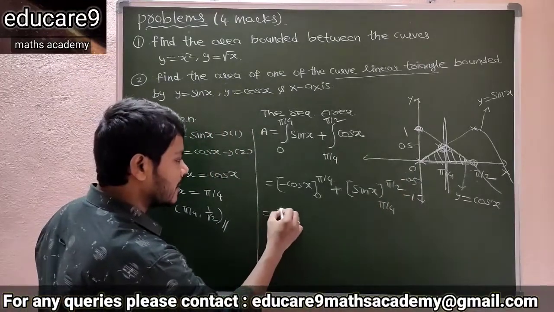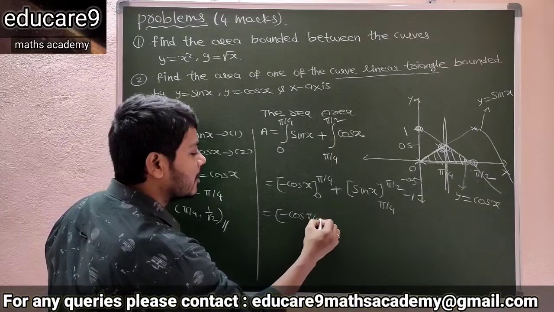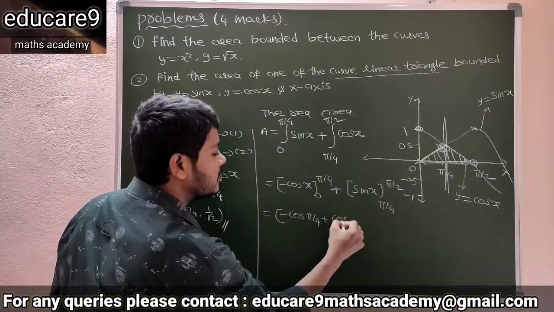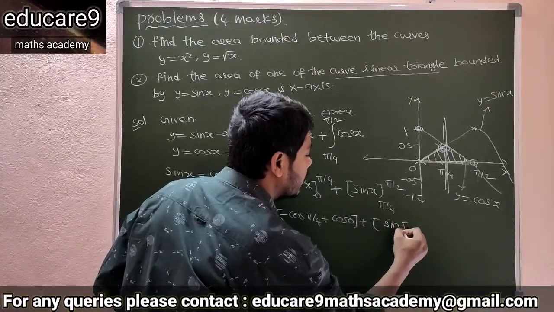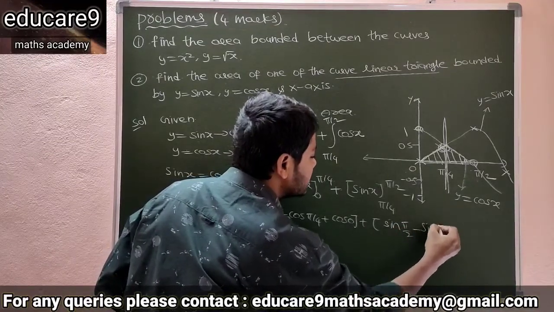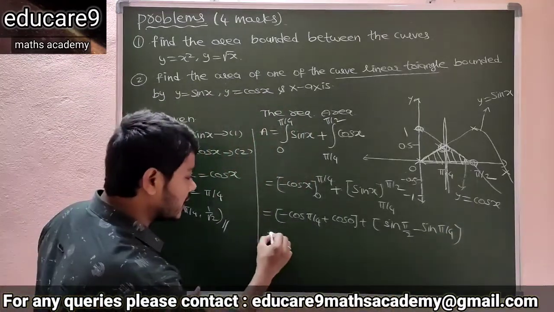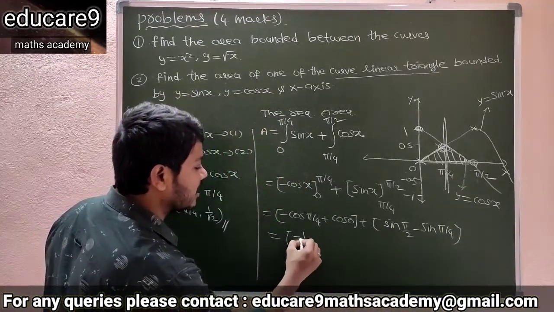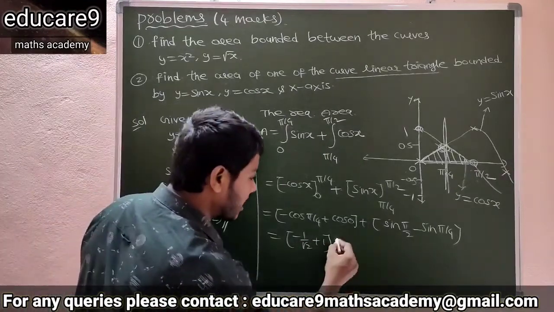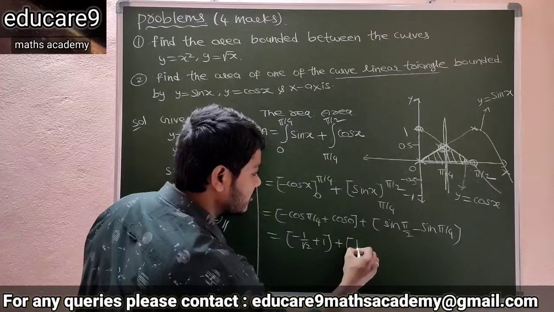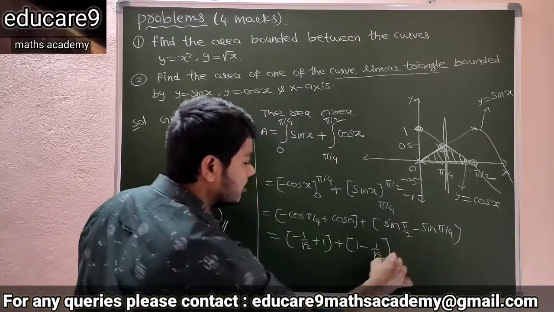Now this is cos pi by 4 value minus cos pi by 4 plus cos 0 plus here sin pi by 2 minus sin pi by 4. So you know that cos pi by 4 value is 1 by root 2, cos 0 value is 1, and sin pi by 2 value is 1, and sin pi by 4 value is 1 by root 2.